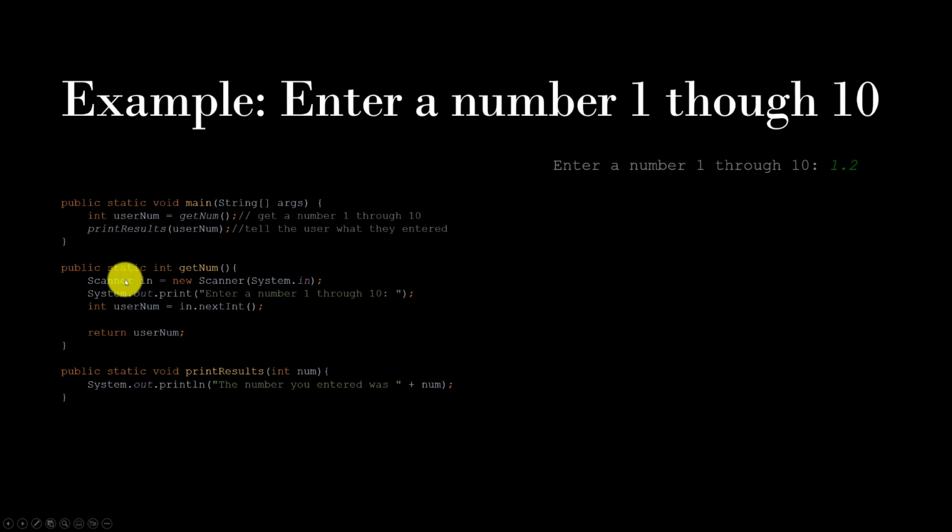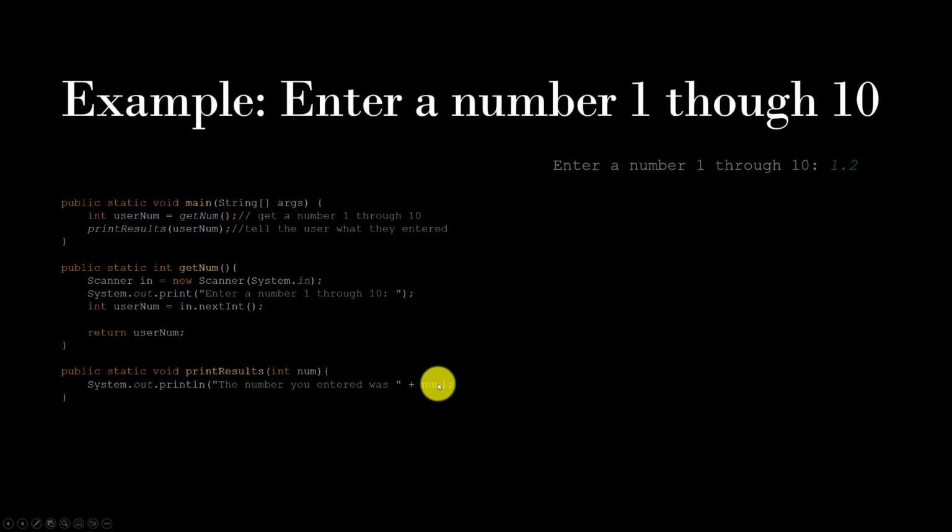The get num method creates a scanner object and reads from the system, the command line. It says enter a number 1 through 10, reads an int, and then returns that int. And that's what goes to the print: the number you entered was blank.